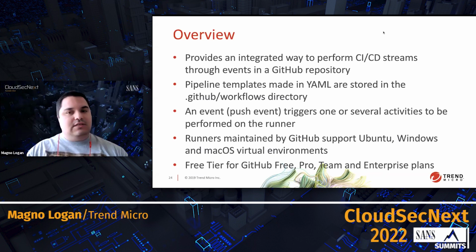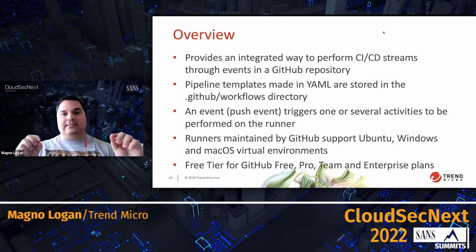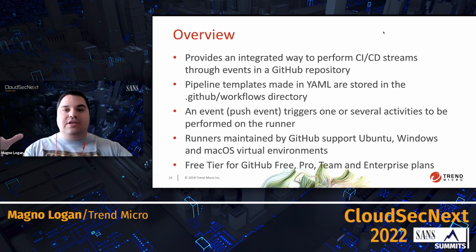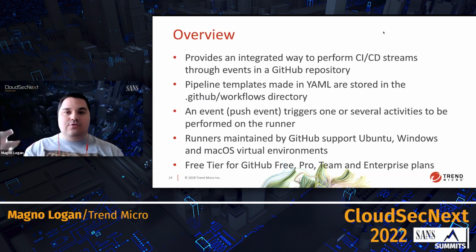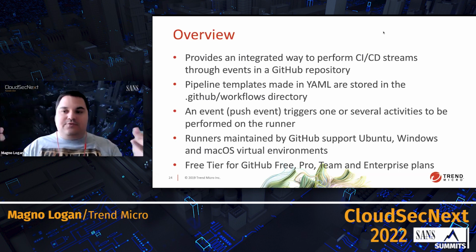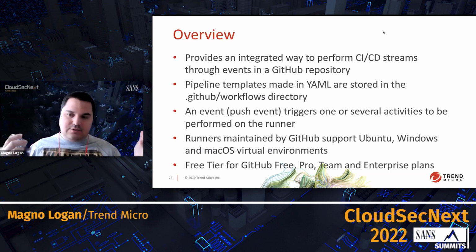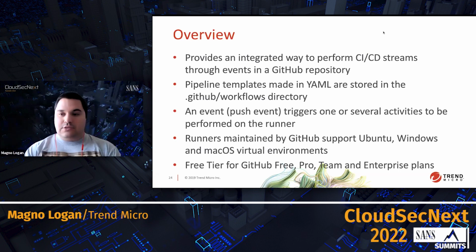And what's interesting about GitHub Actions is that you don't need to maintain the server. So when you use GitHub Actions, GitHub will provide this server for you. Of course, you can have your own self-hosted servers, for specific reasons like compliance or anything, but why not use the ones that are provided by GitHub, right?